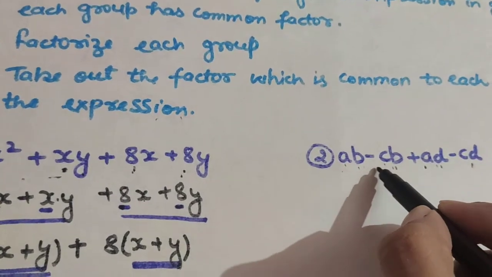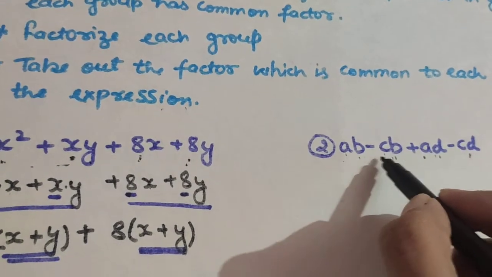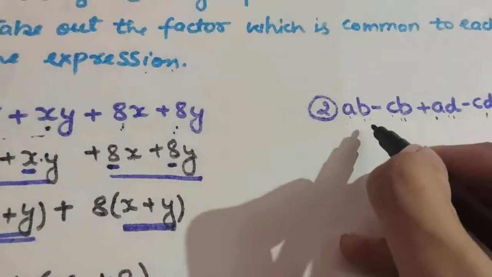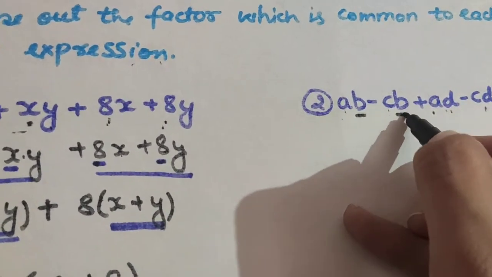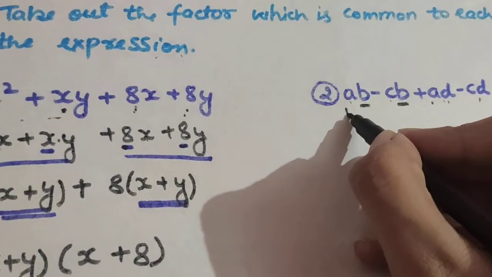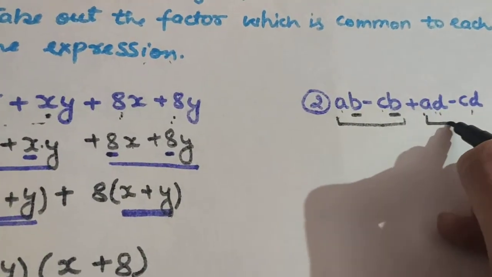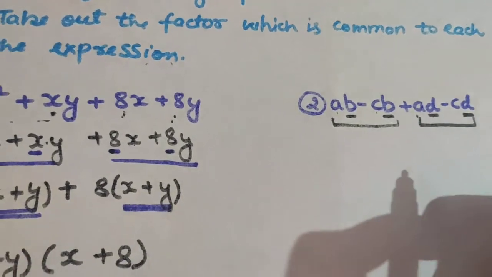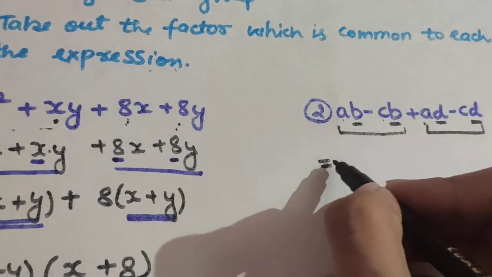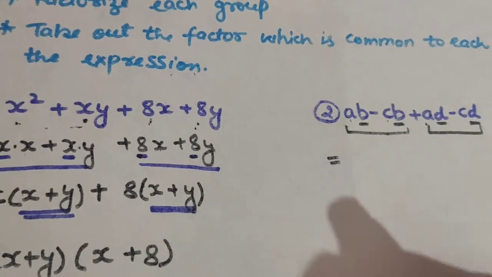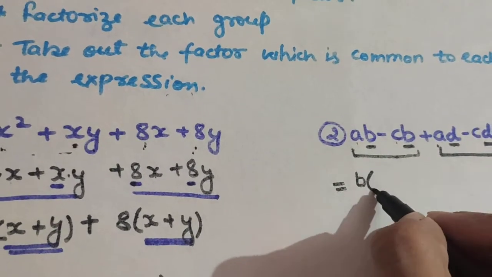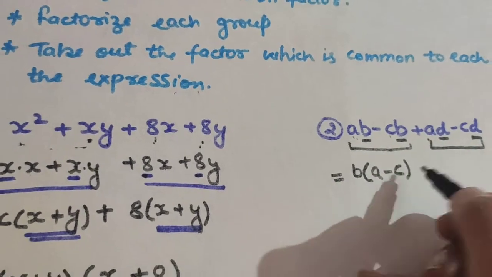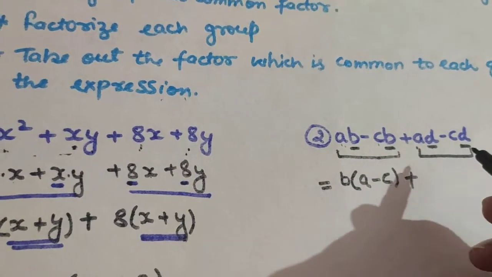So I am taking the first and the second term. They have the common factor B. This is our first group and this is our second group, and the second group has D common. So factorize the first group, take out B common. What is left here is A and minus C. Now factorize the second group.